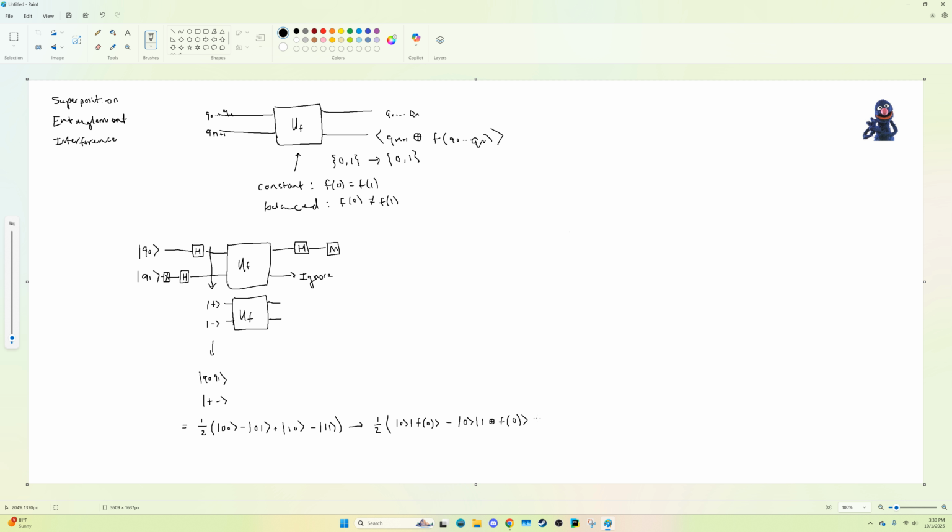And then we close that ket, and then we add ket 1 times, and this 1 right here, the 0 is going to be 0 XOR f of 1, but of course the 0 XOR doesn't matter, so we just keep f of 1 only.